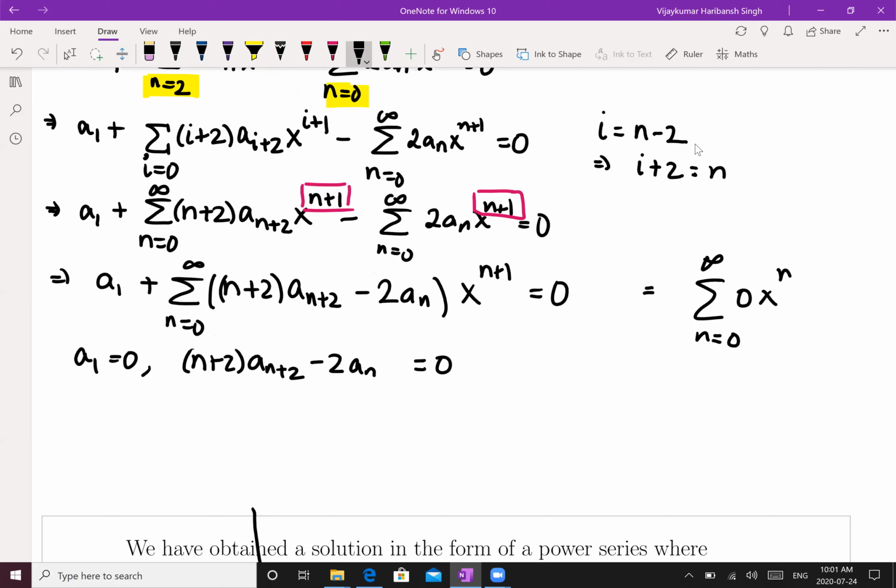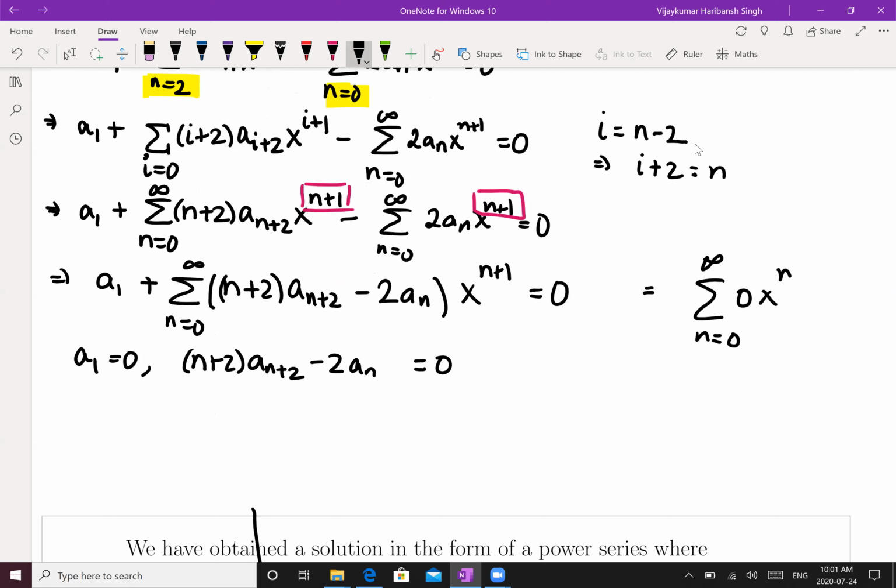a1 is 0. And from here, if you compare this, you get a_{n+2} is 2 a_n divided by n+2. So after a1, next we can find using this a3 is 2 a1 upon 1 plus 2, which is also going to be 0, right? a5 is 2 upon n+2 times a3, that's going to be 0 as well.